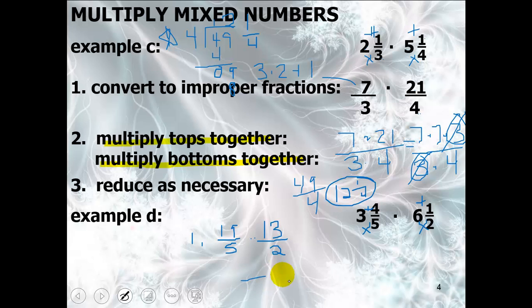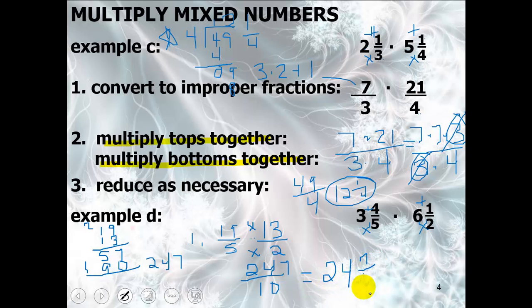So my denominator is easy, that's 10. 5 times 2 is 10, and then 19 times 13, I'm going to go off to the side here and see if I can squeeze it in. 9 times 3 is 27, carry the 2, that's a 57, and then a 9 and a 1, so that becomes 247 over 10, which is 24 7/10 as a mixed number.